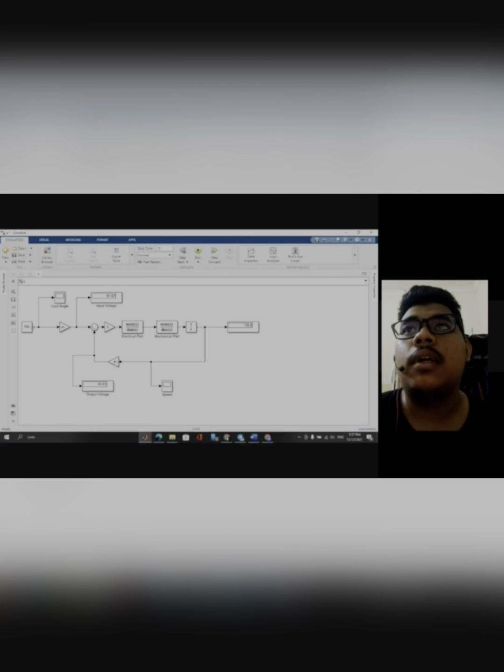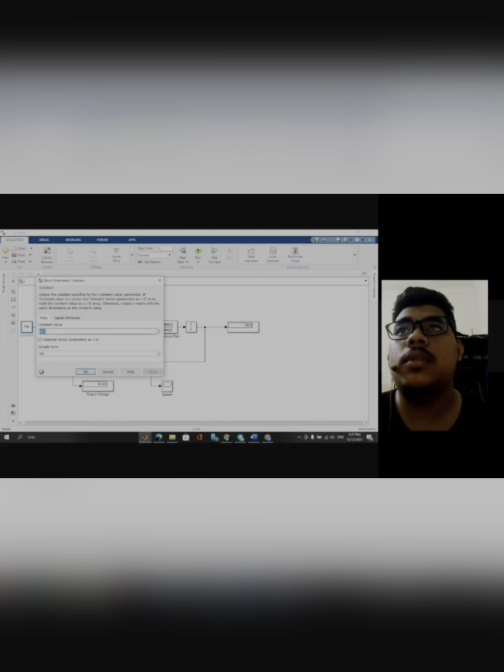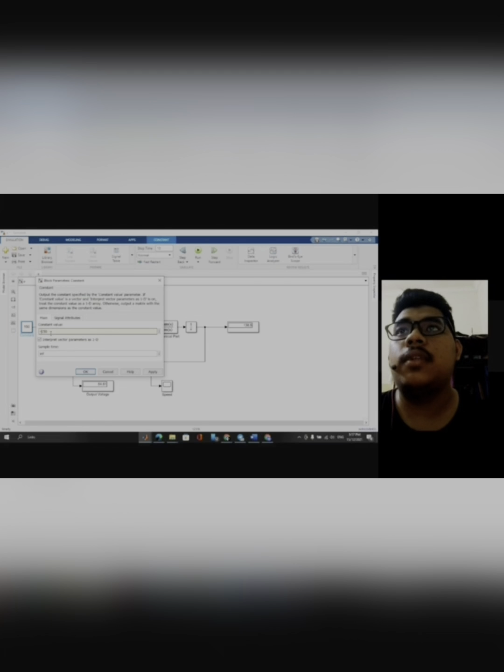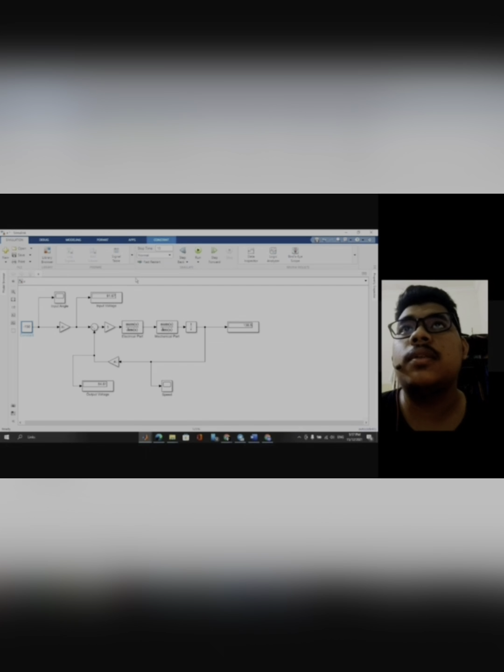Next, we change to negative 150 degrees. When the input angle is negative 150, we get the same values but all negative.